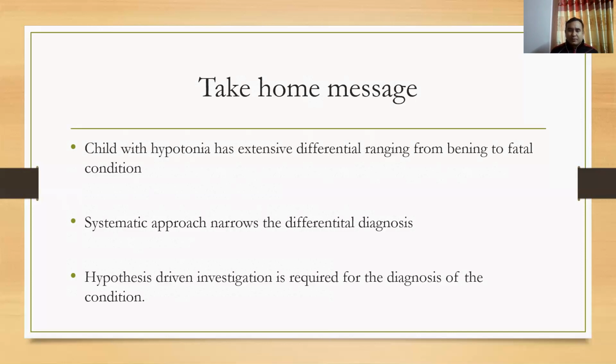But we need not worry, because we can develop a systematic approach: taking history properly, examining the child, differentiating central from peripheral hypotonia, and investigating accordingly. The hypothesis should drive the investigation that we perform in the child. Otherwise, we will be confused and never reach the diagnosis. If you narrow the hypothesis from history and examination and investigate properly, we can reach the diagnosis in proper time, in a cost-effective manner.